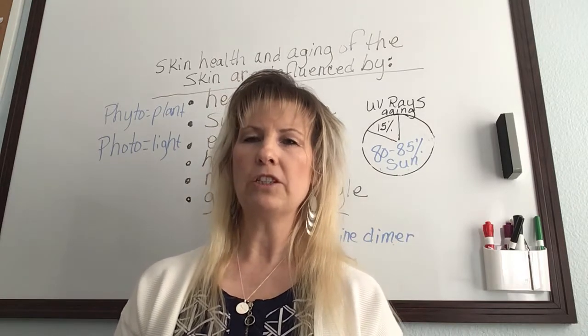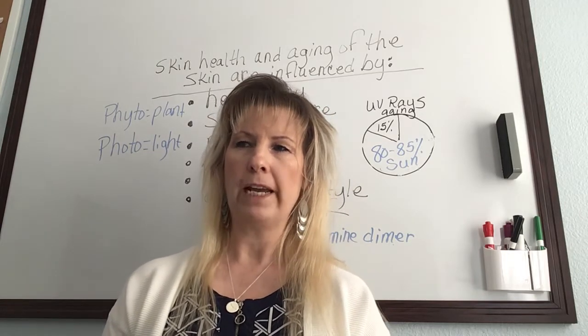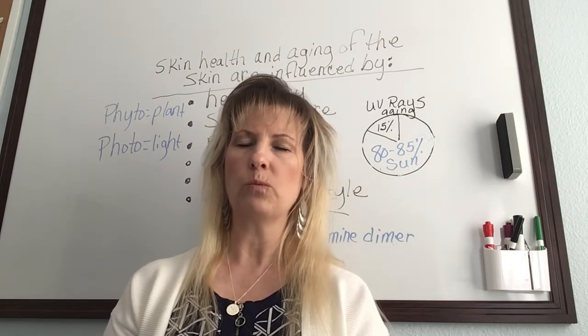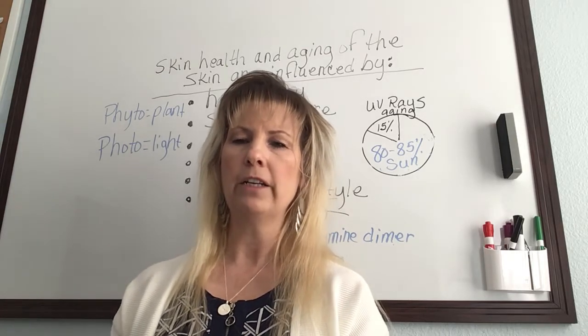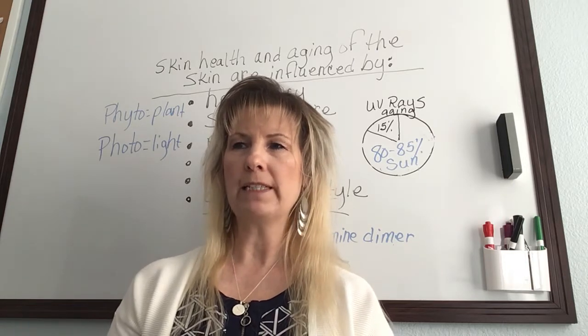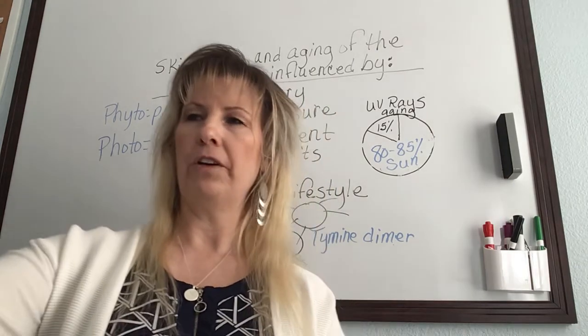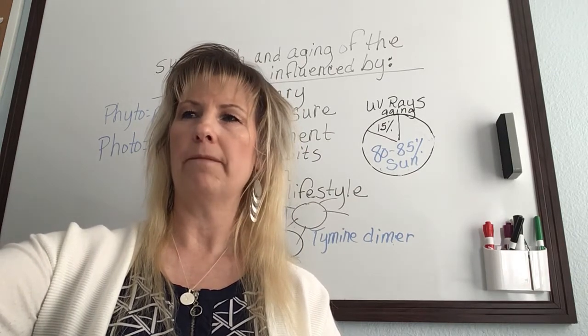Now, as we age, unfortunately, collagen and elastin fibers do naturally weaken. So we lose 1% from your mid-20s on. You lose 1% of collagen per year. But that's naturally. If you're out in the sun, exposure will increase that dramatically.